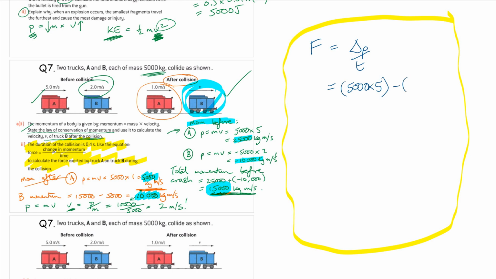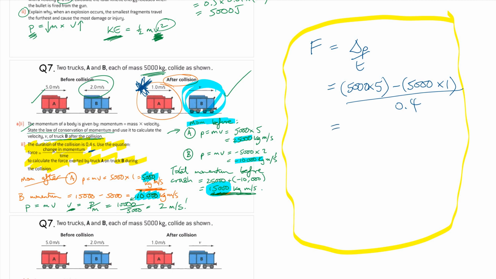And then we take away its momentum after the collision, and it was still the same mass, 5,000, but it was now only moving at 1 meter a second in the same direction. So there's the change, and we divide that by the time that it took, and it was 0.4 seconds collision time.